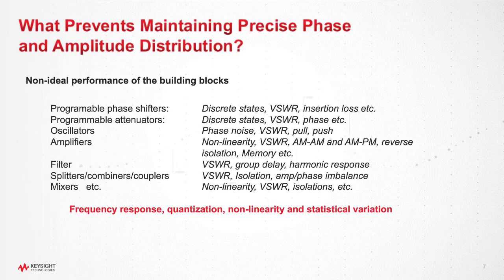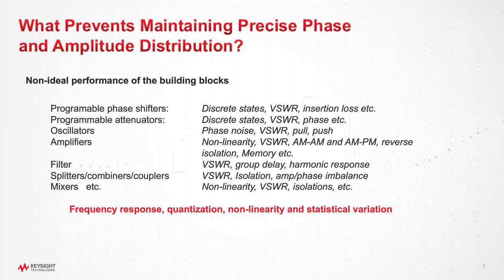So it will be interesting to see that this precise amplitude and phase distribution that we want to maintain at the antenna is prevented by something. In order to produce this phase and amplitude distribution at the antenna, we are going to employ some sort of front-end electronics.